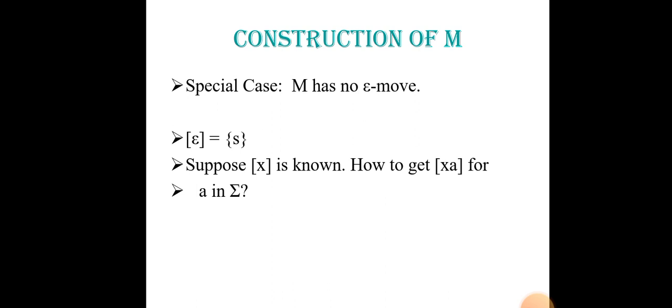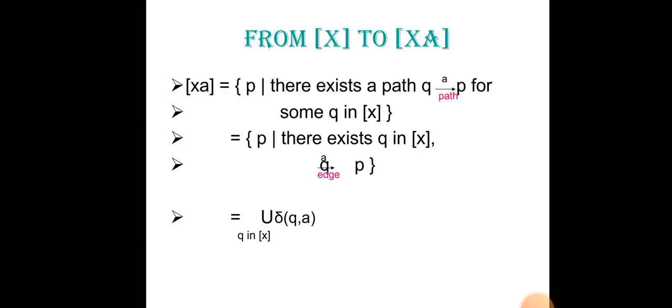The special case is when M has no epsilon moves. Suppose x is known. How do we get x of a for a in sigma?